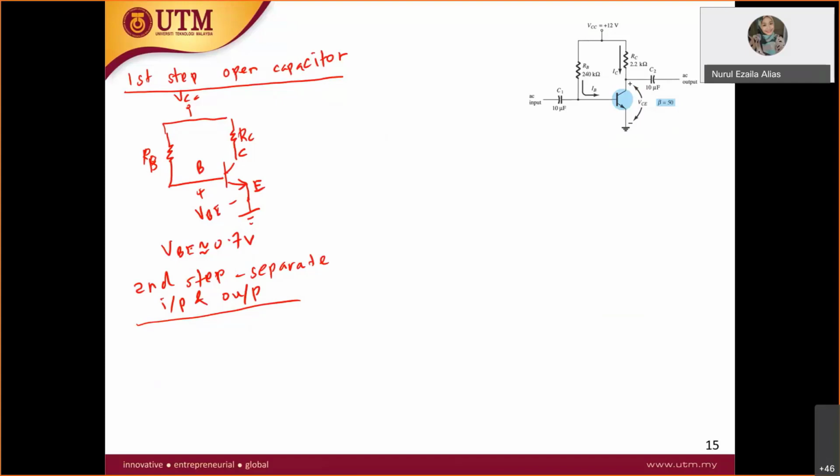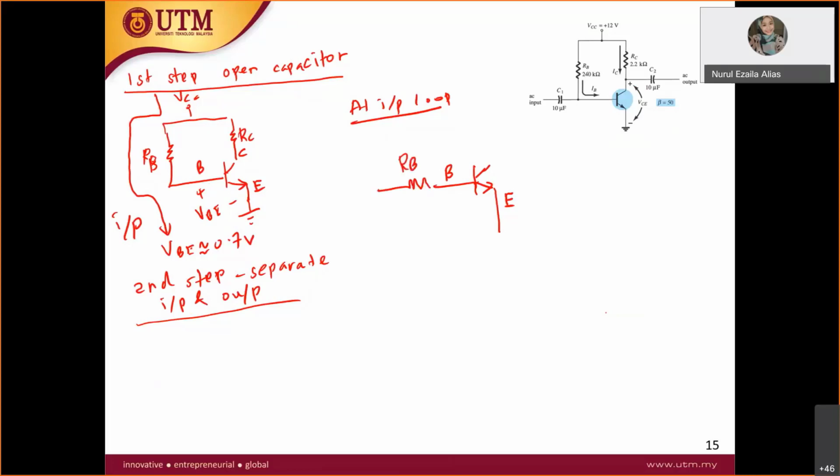So now, the input loop. Let's take a look at the input loop. Remember, draw your transistor first. You have the base and emitter here, so this is your input. Let's start from the base. At the base you have RB.